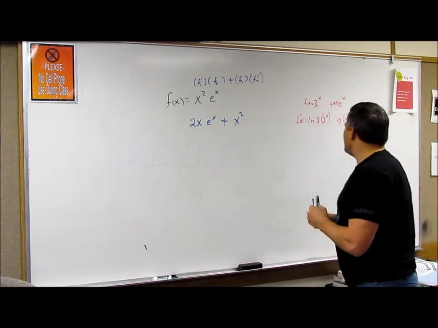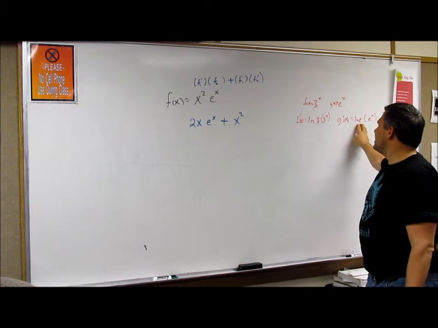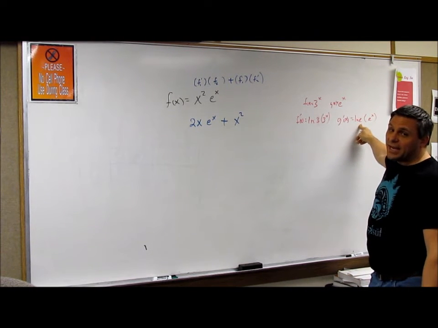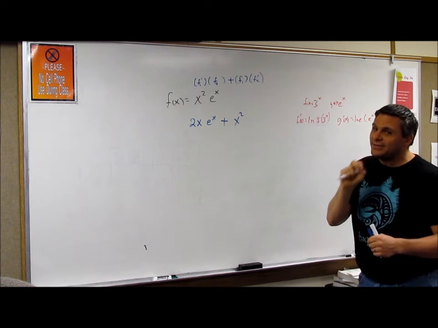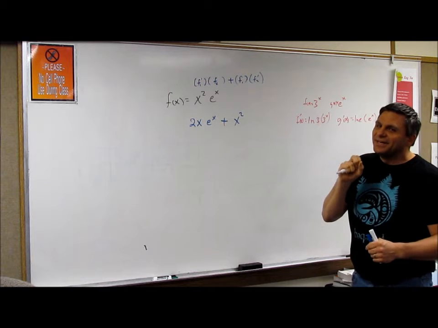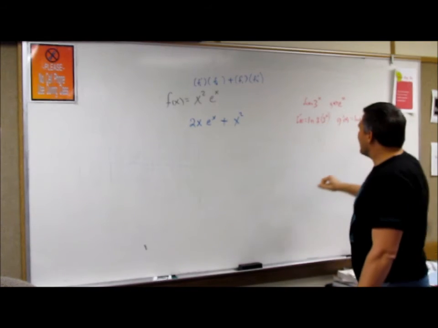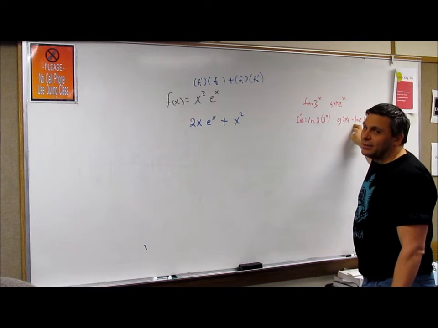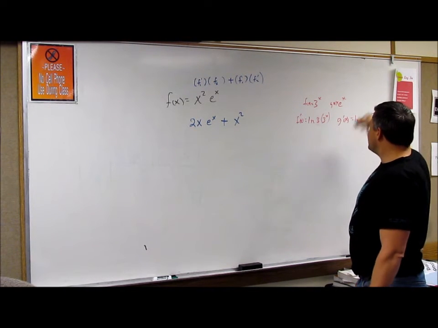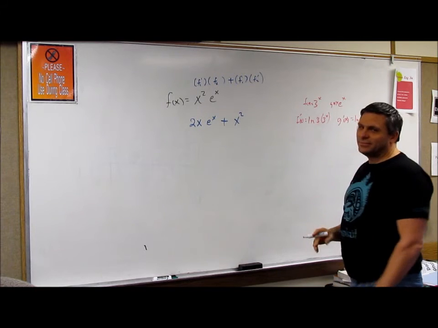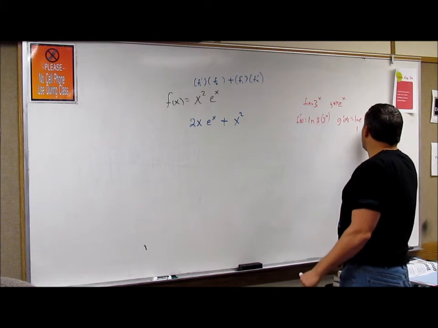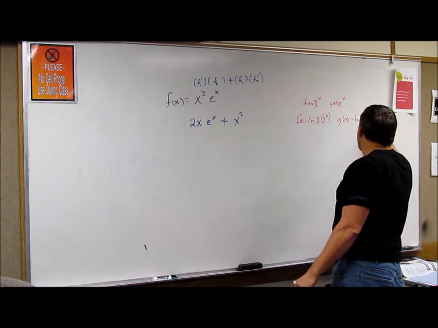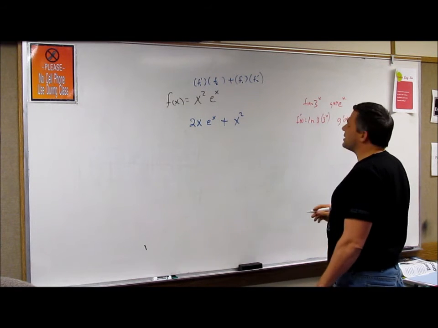So if you remember, we talked about these logs, and remember ln has a base e, right? So ln is the natural logarithm base e of e. Well, that just is 1. So what's 1 times e to the x? Well, that's just e to the x.